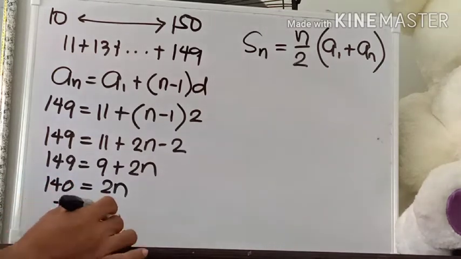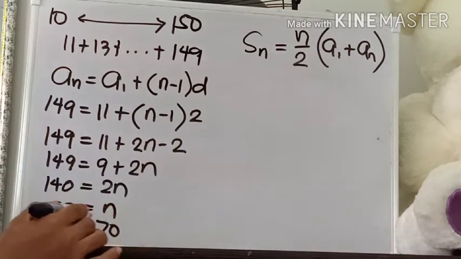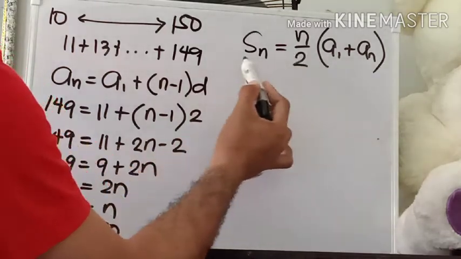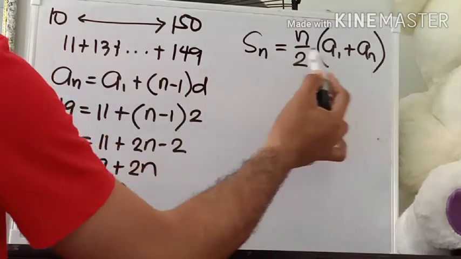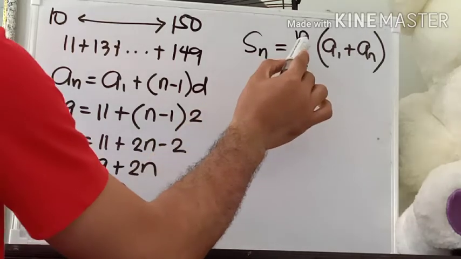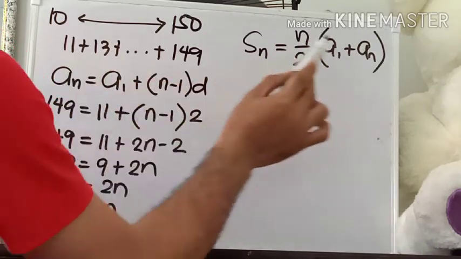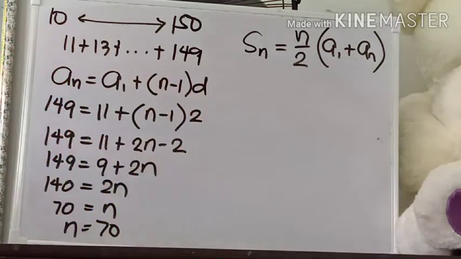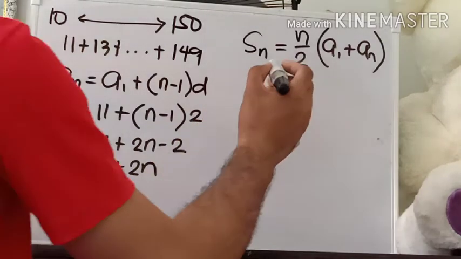And since we already have the value of n, we can plug in this formula in finding the sum of an arithmetic series. N with 70, a sub 1 with 11, and a sub n with 149. And you can simplify that, and ultimately you will find the sum. Okay, let's try.